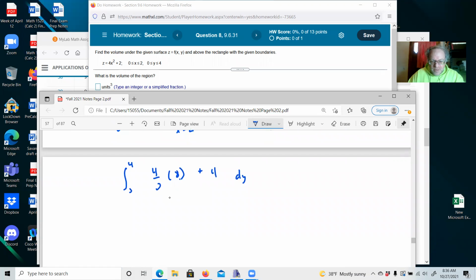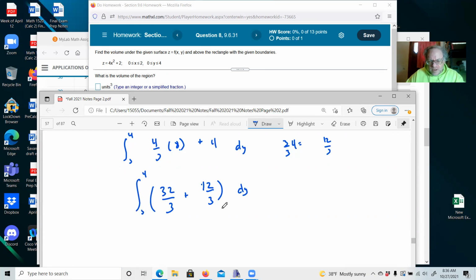So it looks like we have 32 thirds plus 8, which is equal to 24 thirds. Hmm, let me recompute: we have plus 12 thirds dy from 0 to 4. 32 and 12 should be 44, so we have 44 thirds dy from 0 to 4. Just integrate 44 thirds dy.